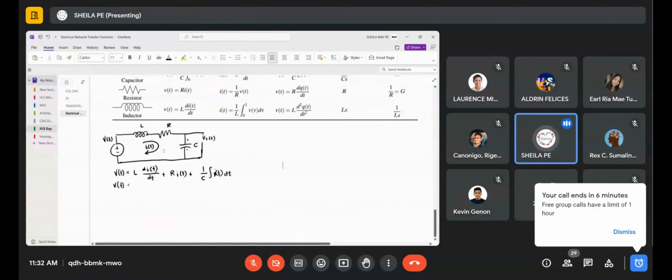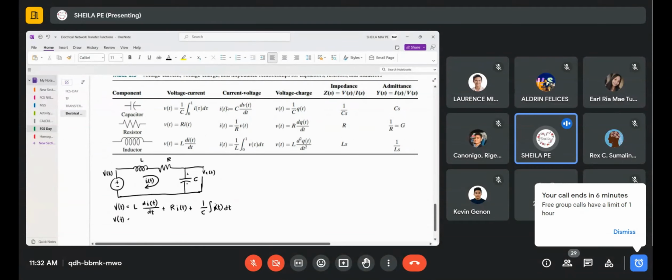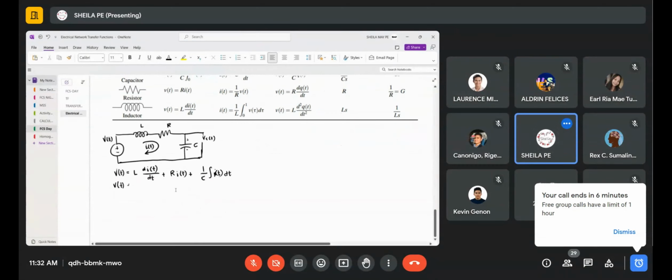Okay, in here, for our inductor, from L di/dt, we make it voltage to current and voltage to charge. So this one is L d squared Q of T over dt squared.